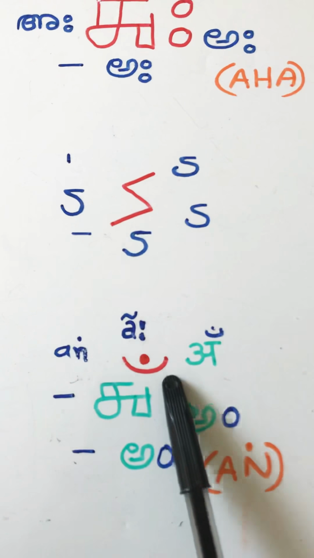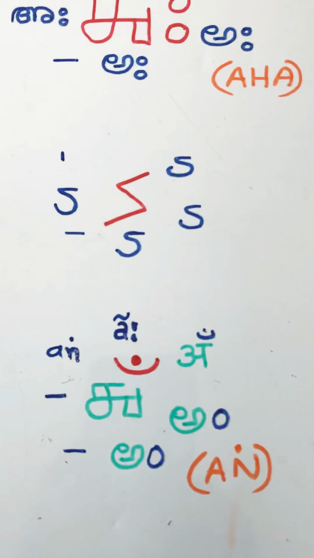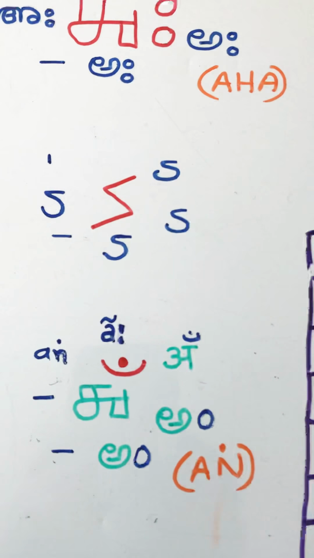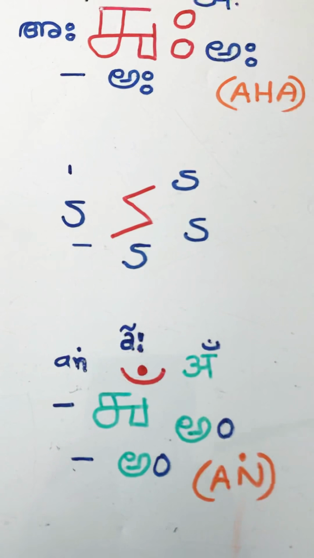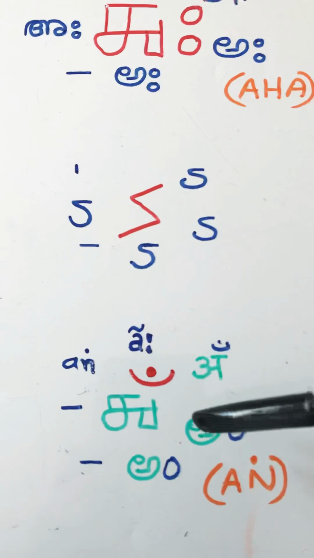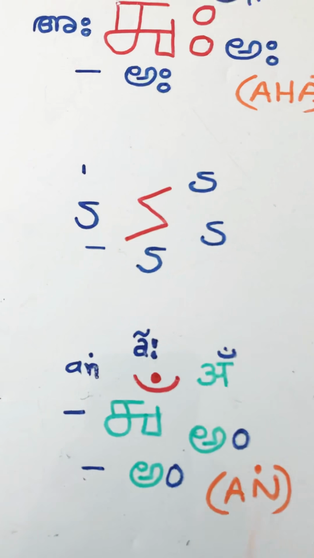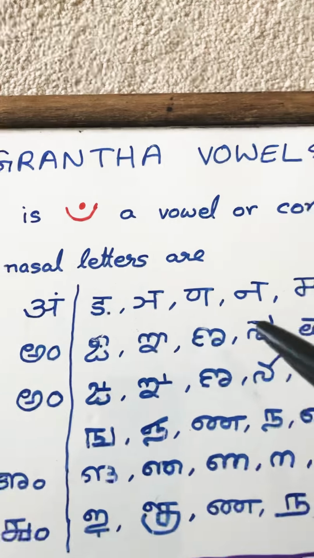It is used as a replacement of either a vowel or a consonant or both, depending on which script you are talking about. So this is a bit interesting. Let's go deeper into it. I have a small table and a chart over here to explain this further.